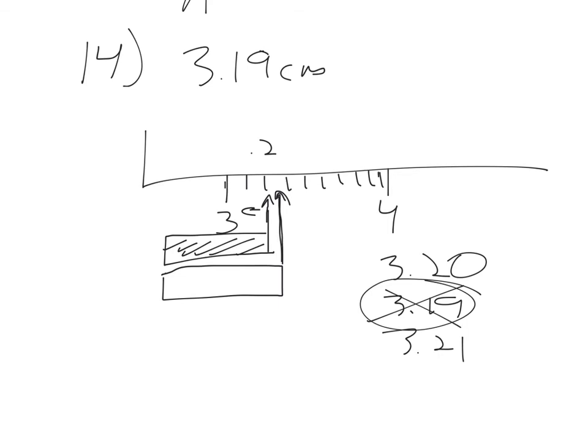Okay? Now, if you scroll up, and I think this is the saving grace, if you scroll up to the ruler C in Model 4, and you look as close as you possibly can, there's an argument to be made that the object on ruler C comes between the 3.1 and the 3.2.